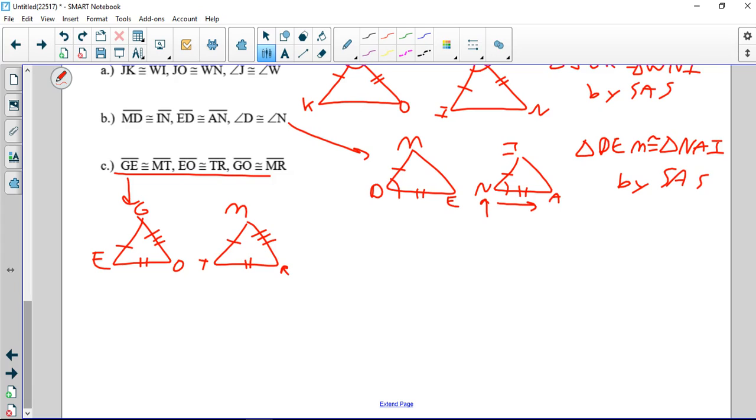I'm going to start at E. And I'm going to go down Highway 1 or up Highway 1. GO. Ego. Triangle EGO is congruent to triangle T, that's an A, T, M, R, by SSS.